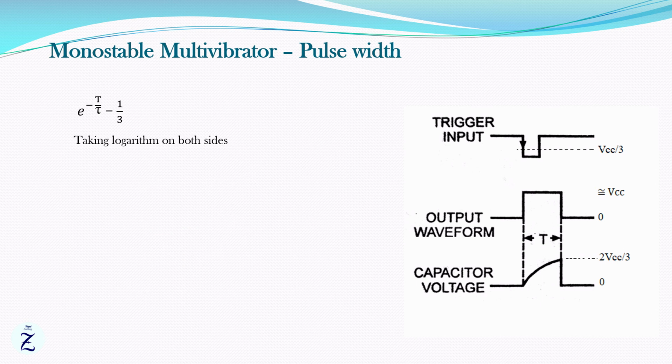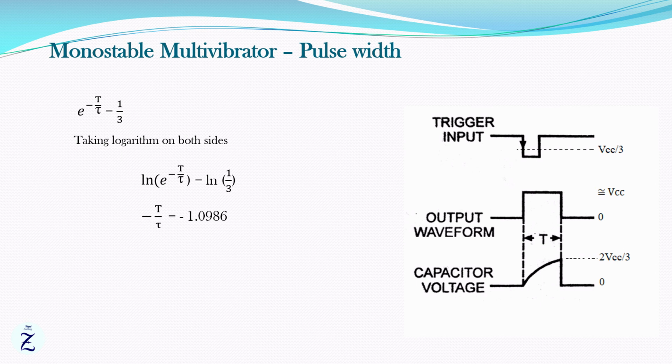Take natural logarithm on both sides, then the equation becomes ln of e raised to minus capital T divided by tau is equal to ln of 1 by 3. And ln of e raised to minus capital T divided by tau is equal to minus capital T divided by tau, and ln of 1 by 3 is equal to minus 1.0986. Hence, it becomes minus capital T divided by tau is equal to minus 1.0986.